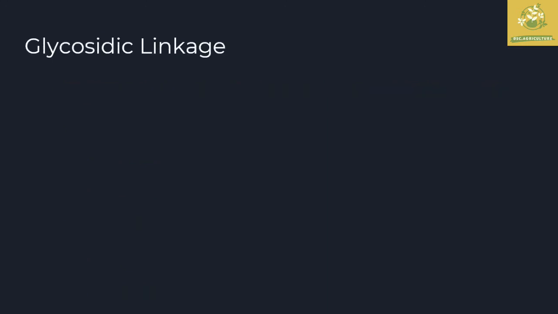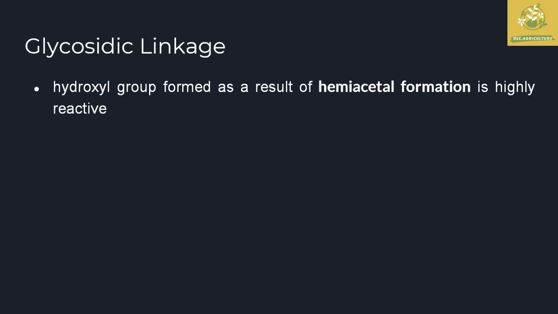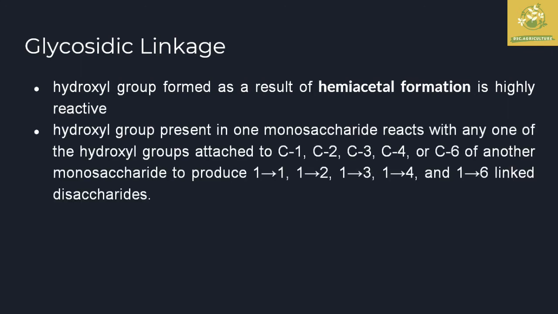The next topic is the glycosidic linkage, which is the bond between two monosaccharides formed from the hydroxyl group of the highly reactive hemiacetal. This statement represents how the bond is formed.